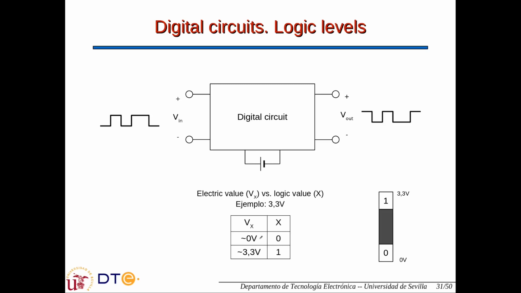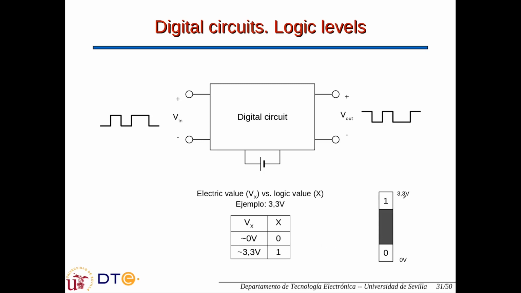It's just for convenience, there's nothing that can stop us from doing it the other way around, like assigning a high voltage to the 0 logic value or a low voltage to the high logic value, but in most cases it's done like that. Okay, there's some tolerance.